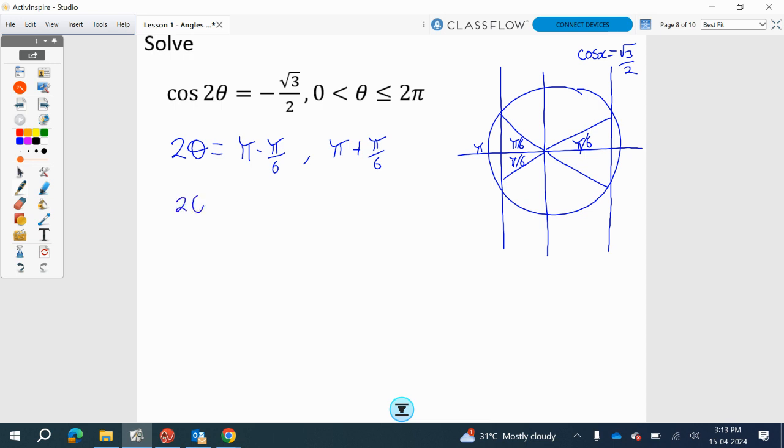So 2 theta is going to be 5 pi over 6, or 7 pi over 6. Remember that pi is 6 pi over 6. Got to halve that. It's going to give me theta is equal to 5 pi over 12, just times it on the bottom, 7 pi over 12.